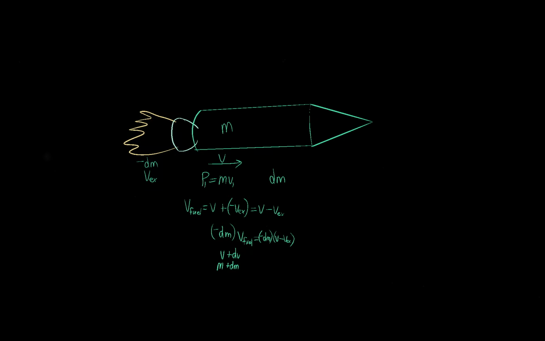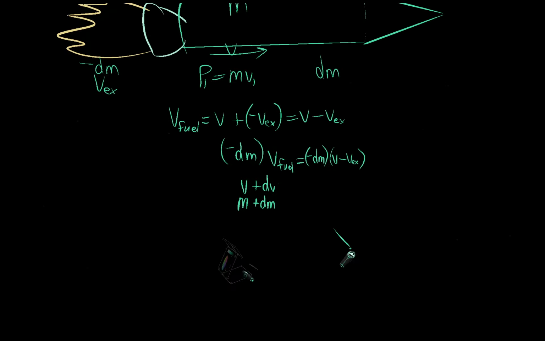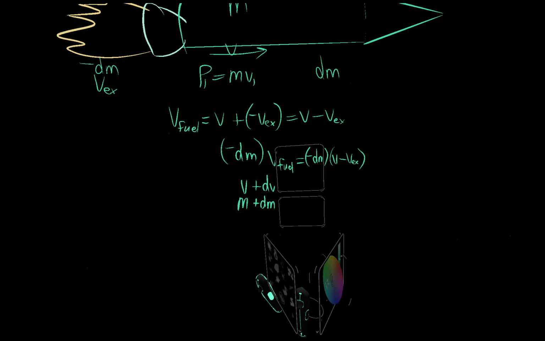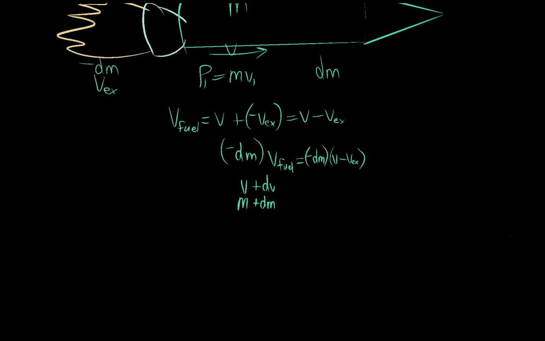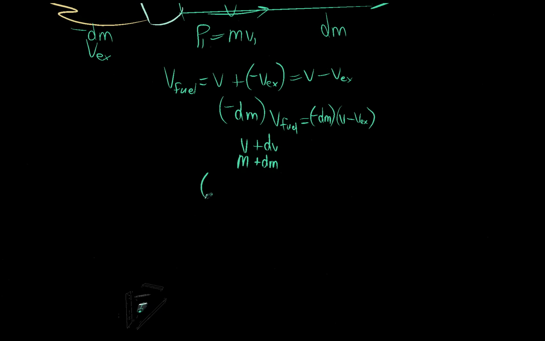So the rocket's momentum at the end of this interval is then m plus dm times v plus dv. It's mv, but you are adding what changed during that little interval dt.